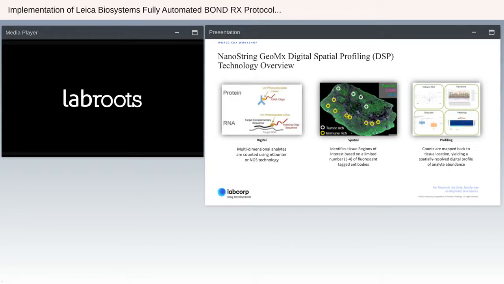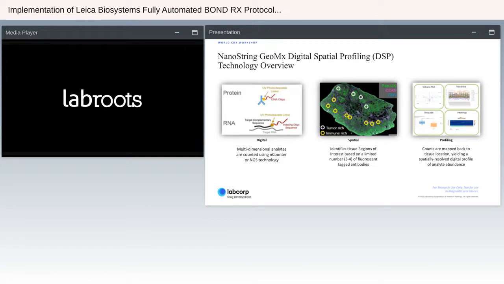So the big 3 points of the NanoString GeoMX is the digital spatial profiling aspect. So first, the digital: as I mentioned, the multi-dimensional analytes are counted using nCounter or an NGS by Illumina. The spatial: this allows us to identify regions of interest based on either protein, RNA scope, or morphological markers.